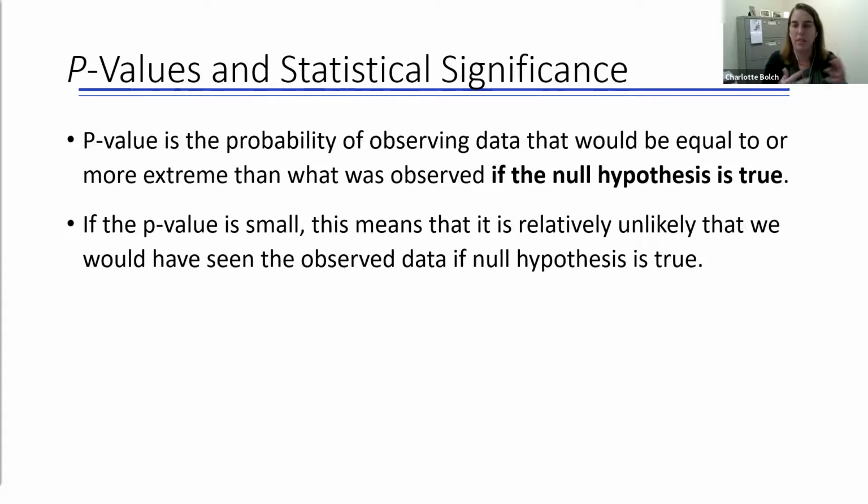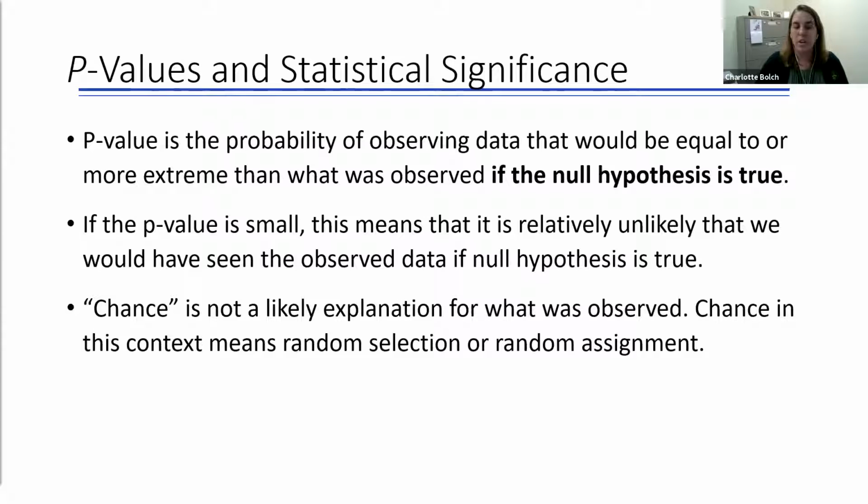Something is going on with the means of two groups or more than two groups, or something's going on with the proportion. So that allows us to say that we have enough evidence to reject this null hypothesis.